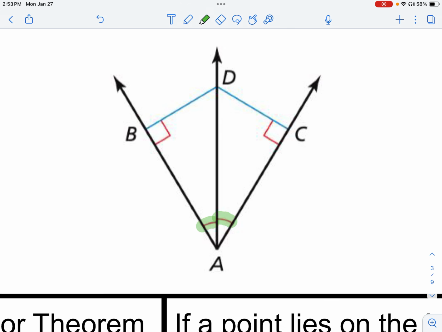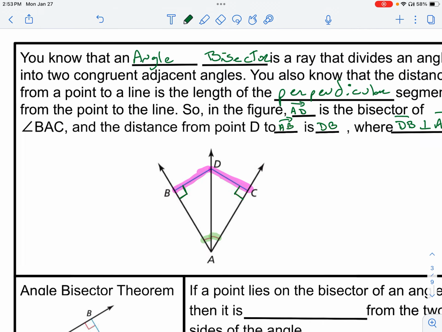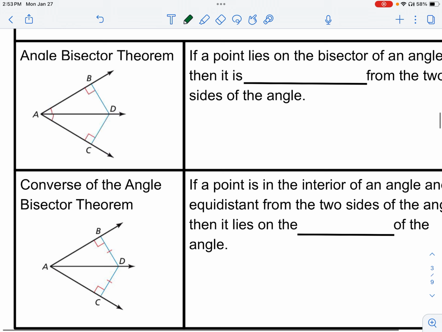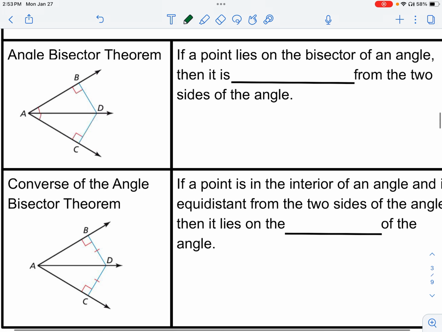So here it tells us it's an angle bisector, and because of that we know to measure from here to here, we have to do it at the 90-degree angle. Which brings us to our angle bisector theorem, which tells us that if a point lies on the bisector of an angle, then it is equidistant from the two sides of the angle.